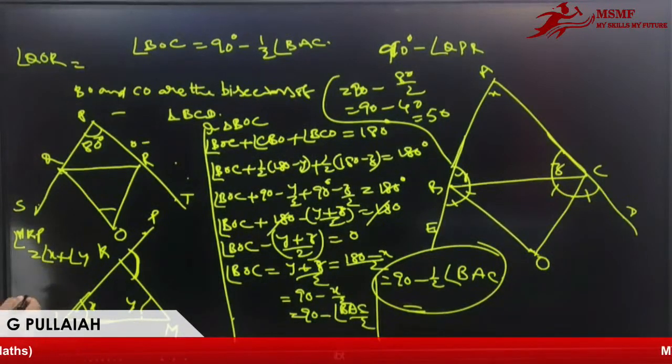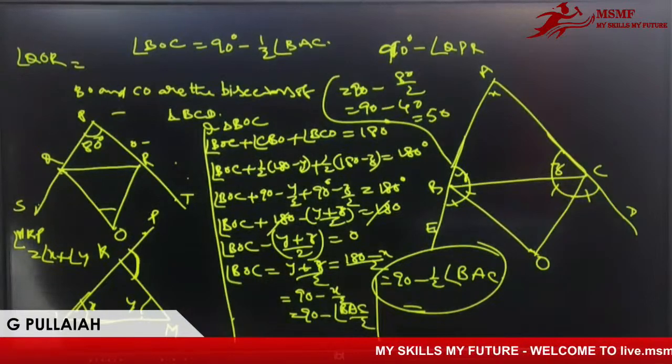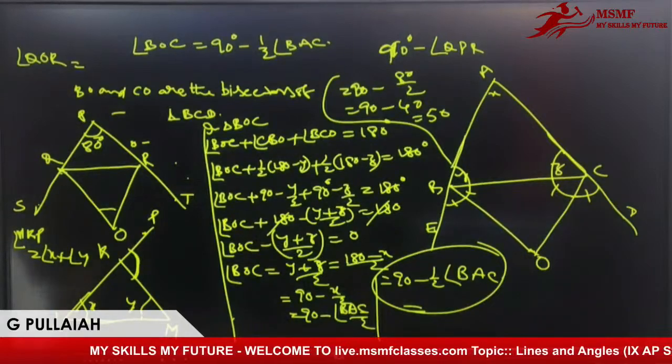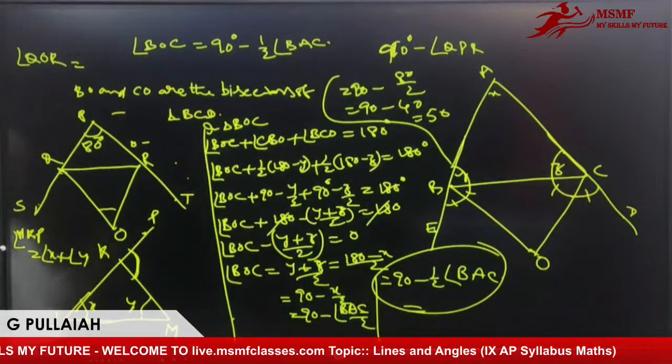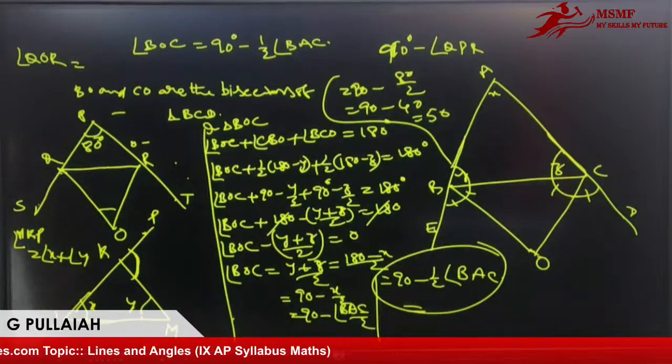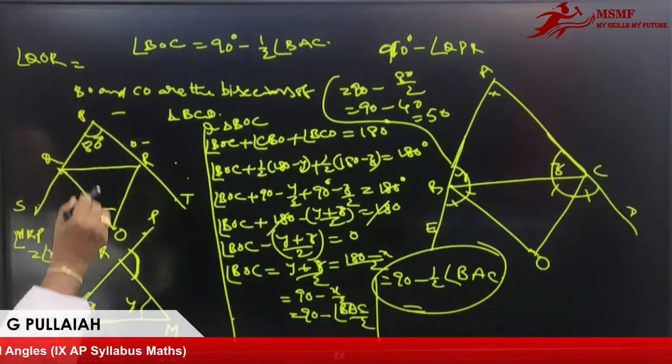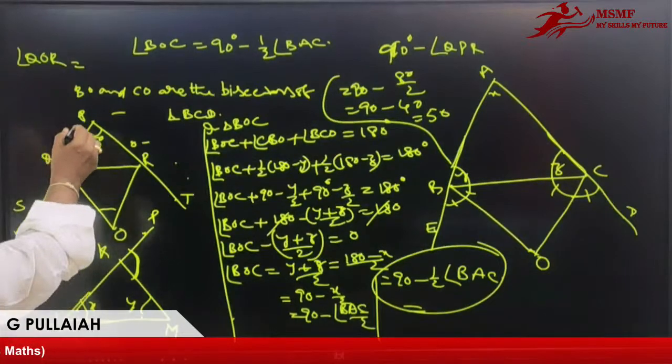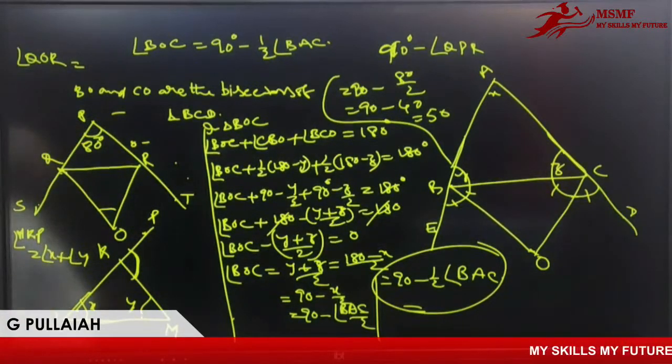This is one concept, and the other concept is that the angle formed by joining the bisectors of two exterior angles of a triangle is equal to 90 degrees minus half of the vertical angle. So this is the concept of this exercise.